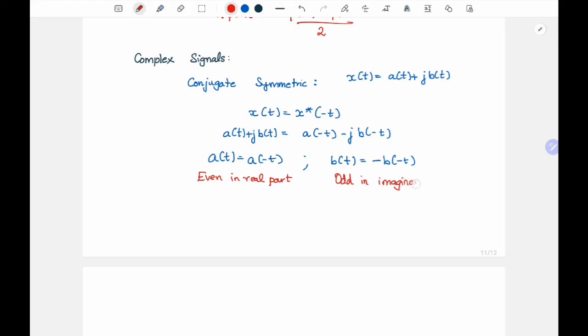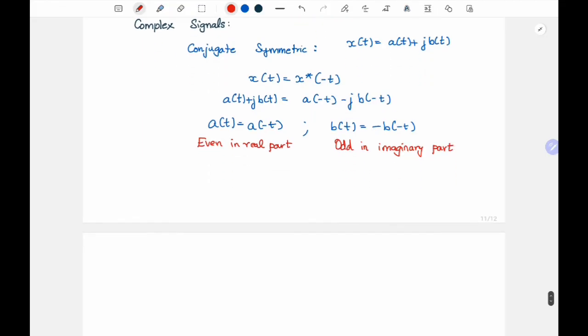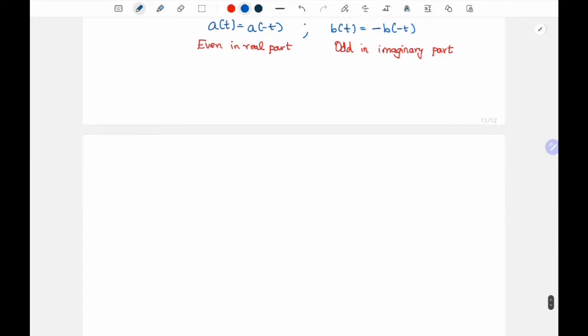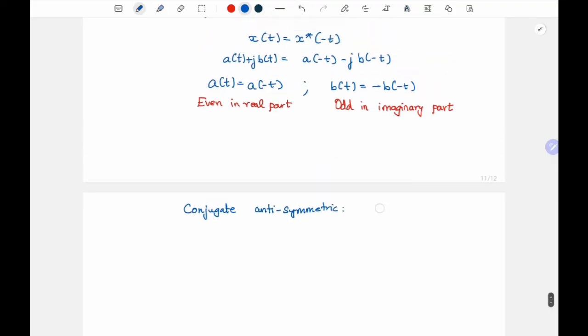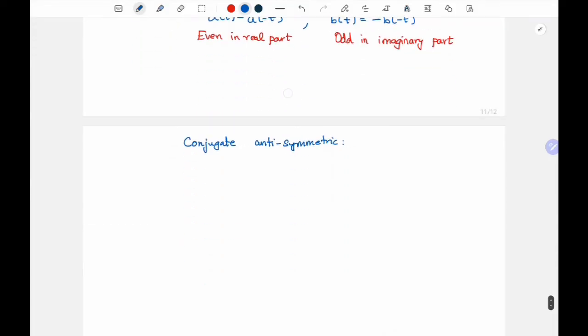Right? And then you have what is called conjugate antisymmetric. This will just be opposite. So you have x of t is equal to minus x star of minus t.